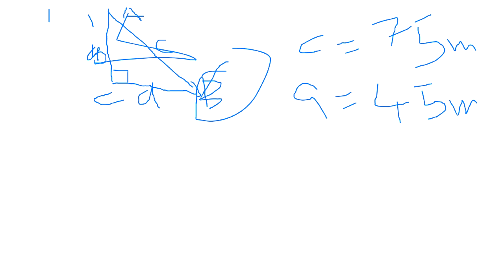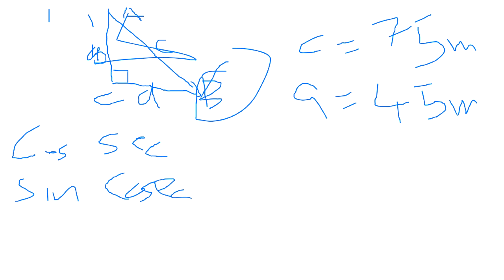If it says we must find all the six trig ratios, it's talking about cos, sec, sin, cosec, tan, and cot.